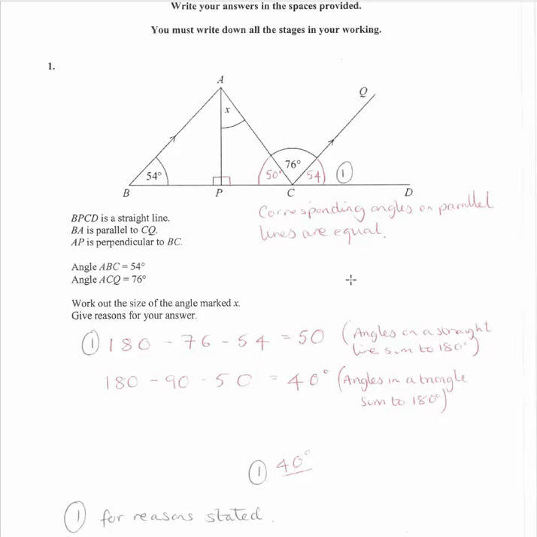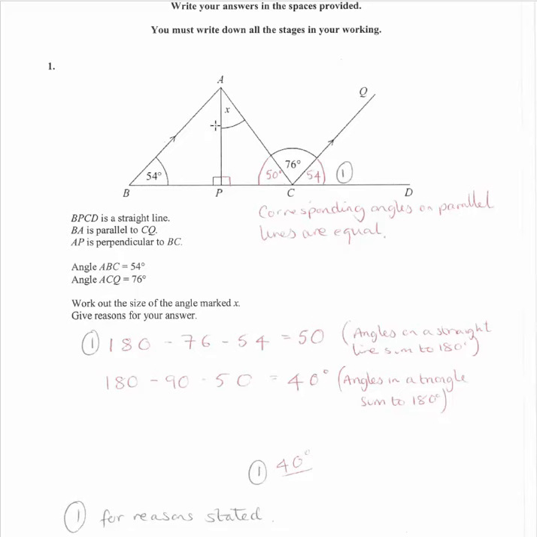You don't have to do it that way. You could, for example, say that this angle, angle QCA, is equal to this angle here, angle CAB. It must be 76 because it's alternating. Well, if this is 54 and this is 90, you can work out what this angle is. Okay, what must that be?